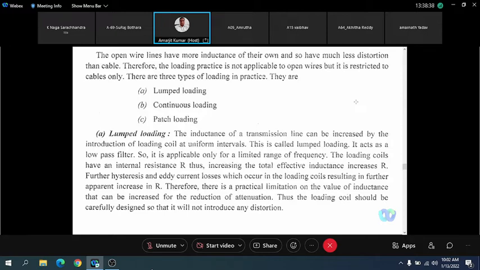And what is the case of continuous loading?